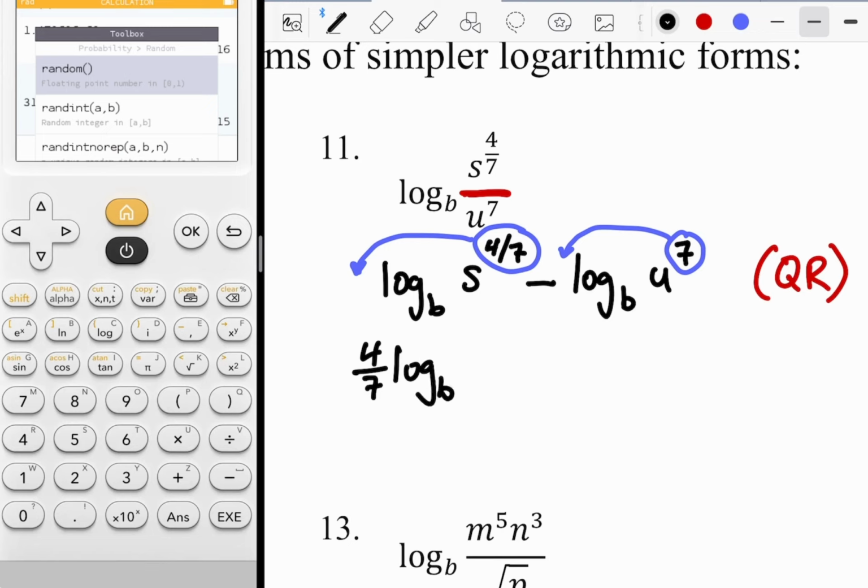It's not like you need to justify your steps. It's more so I just want you to have access to what steps were applied. So 4 log base b of s minus 7 log base b of u. And we're going to call that the POW rule.